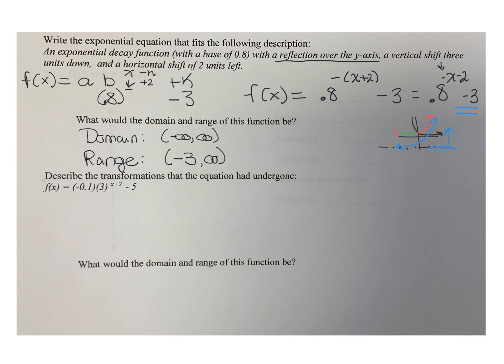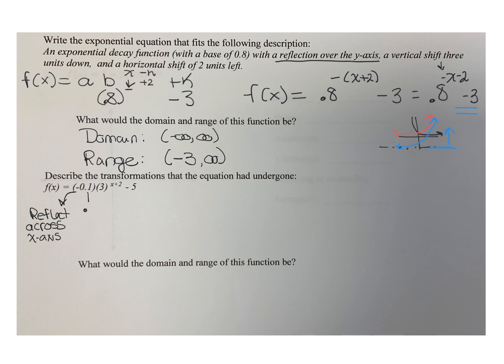Okay, let's walk through these transformations on the next one. So the negative out front is going to cause a reflection. Reflect across the y stuff is negative, so you reflect across the x axis.